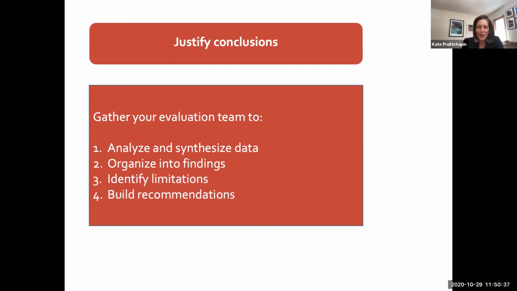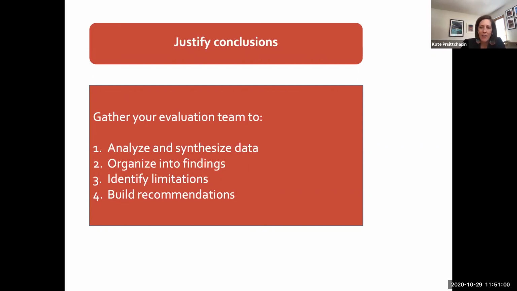Look at your photos, look at your surveys, look at your transcripts, and together you work on analyzing and synthesizing the data. Even when I'm hired as my own contractor, like one evaluator on a project, I always bring in a team to help me look at the data because I'm either too close or too far, and I need all those multiple perspectives.